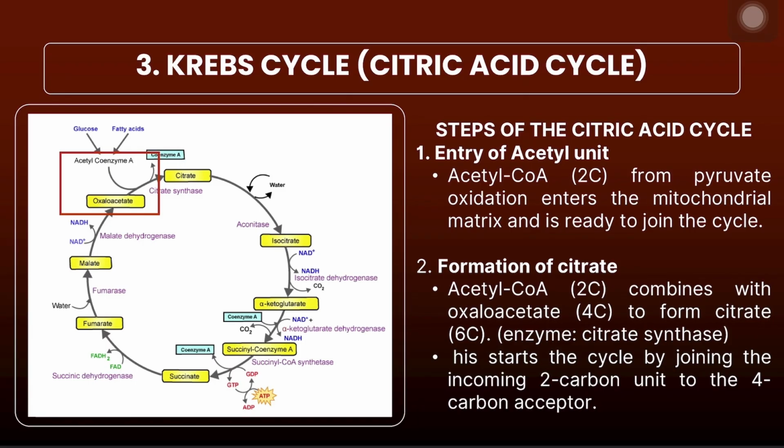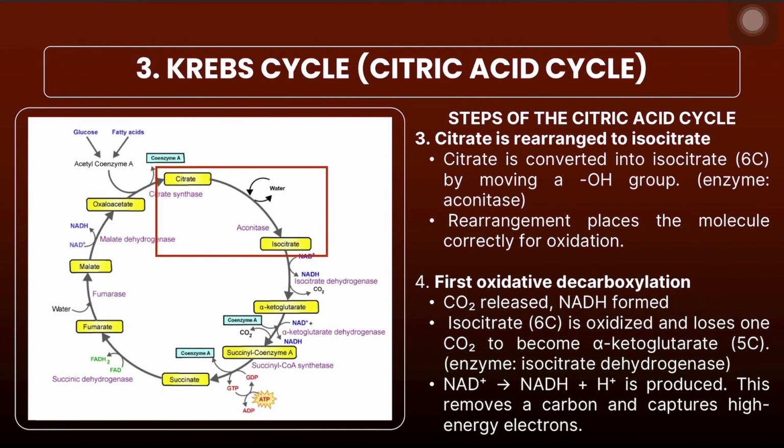This is also why this cycle is known as the citric acid cycle, because the citrate, or citric acid, is the first stable product that is formed. So again, in the second step, because of citrate synthase, we form the citrate.